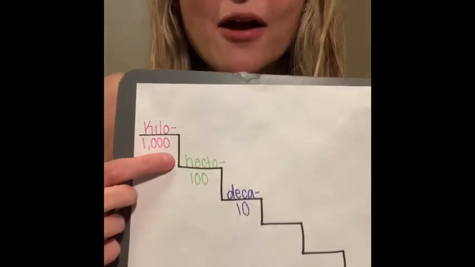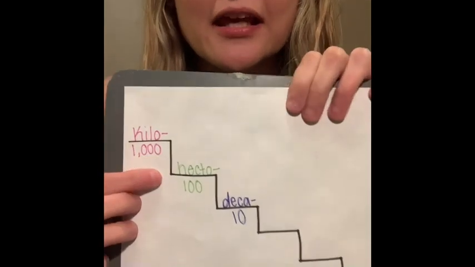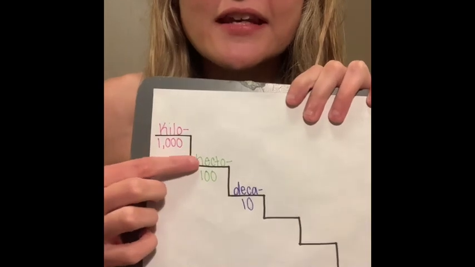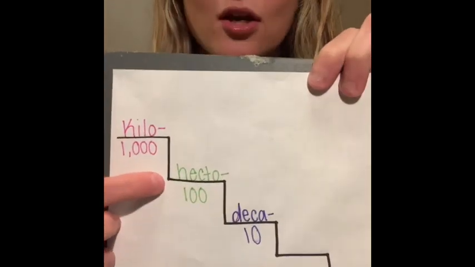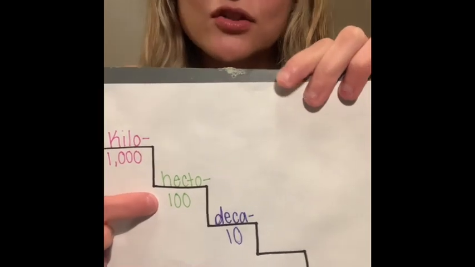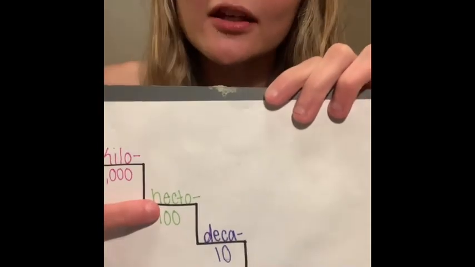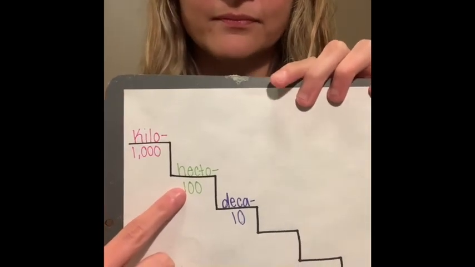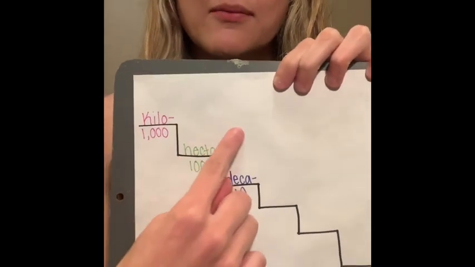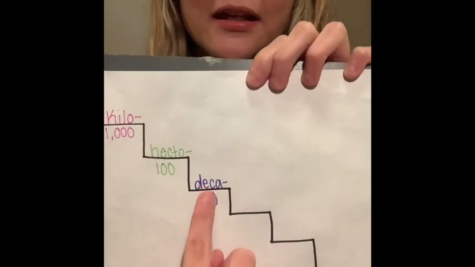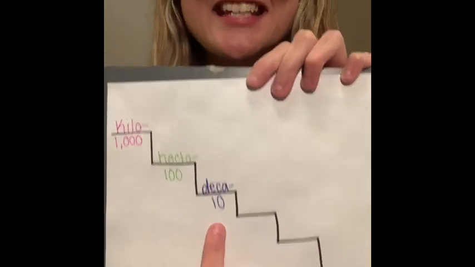As we move down the staircase, we're going to keep filling in for different prefixes and their meaning. So the next stair is going to be hecto, and hecto means 100. So a hectoliter means 100 liters. Then we keep going to deca. So deca means, I'm sure you guessed it, 10.